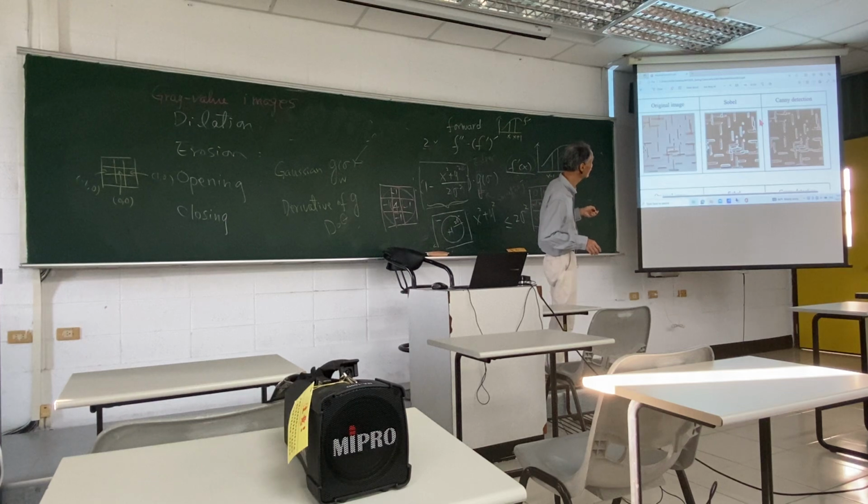This in the middle is based on the 3x3 Sobel operator. This is based on the Canny detection. See that? When you go through the Canny detection, the edges become almost 1 pixel in width.